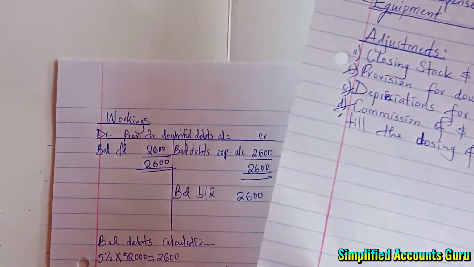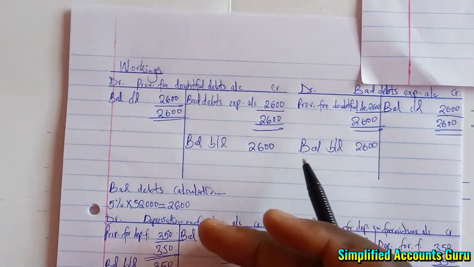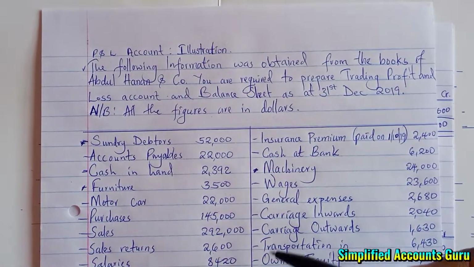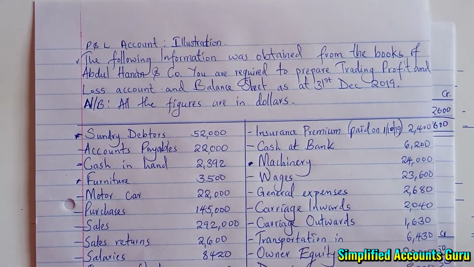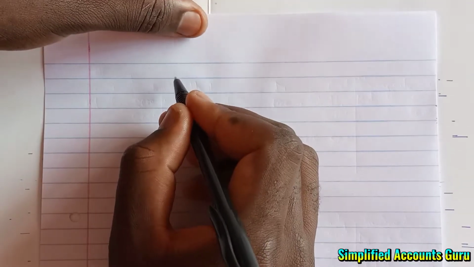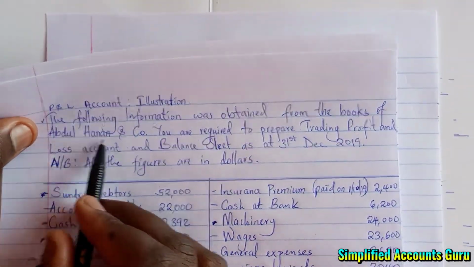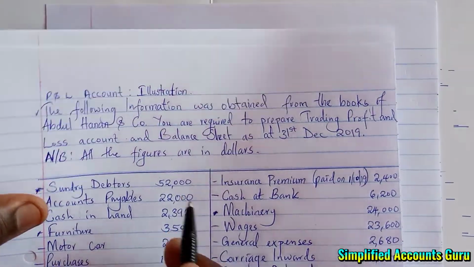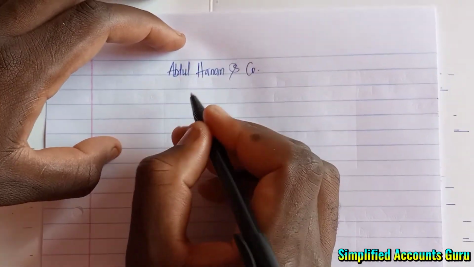We can now develop the profit and loss account using these balances that we have here and also the ones that we had in the trial balance of Abdul Hanan and Company. Now, we had said that we need to capture the name of the organization, which is here, Abdul Hanan and Company Limited. Then you say, what is the name of the account?